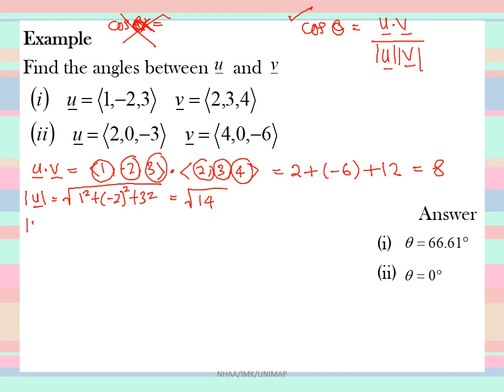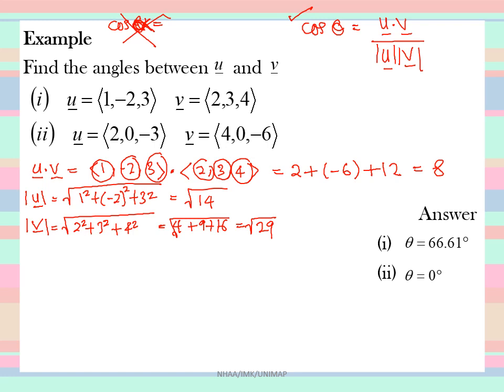Okay, then find the magnitude of v, that is equivalent to 2 squared plus 3 squared plus 4 squared. So that is 4 plus 9 plus 16, that is square root of 29.